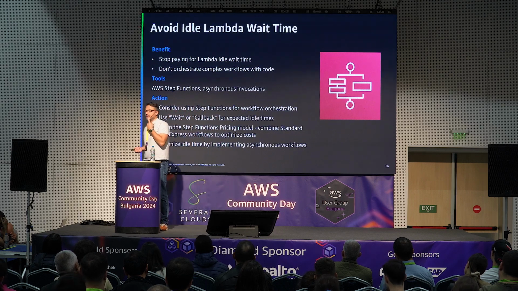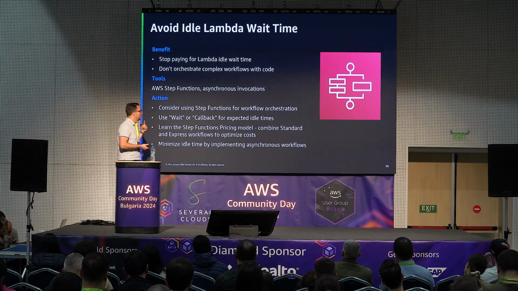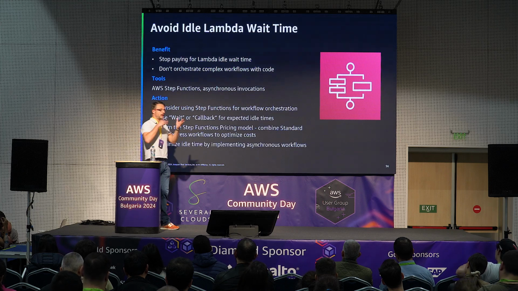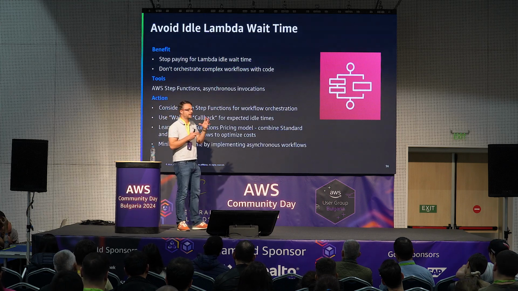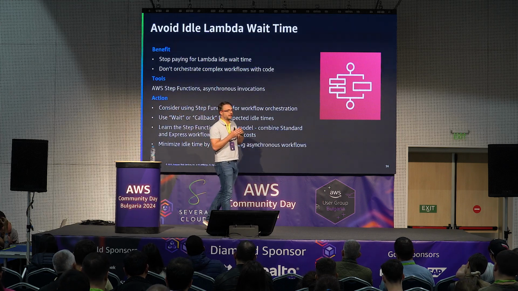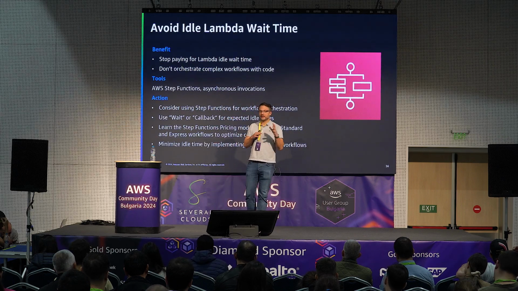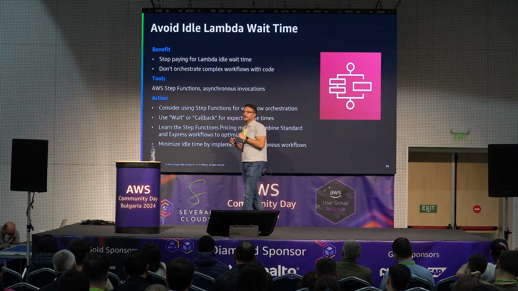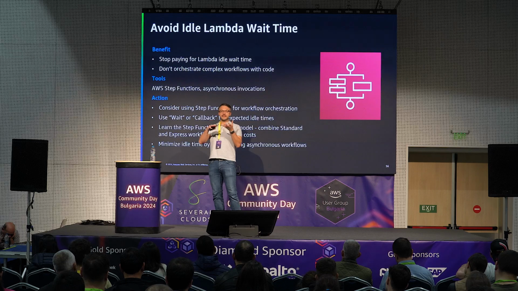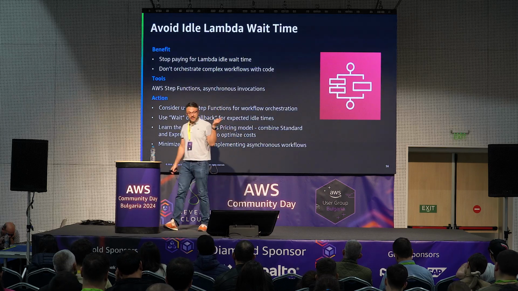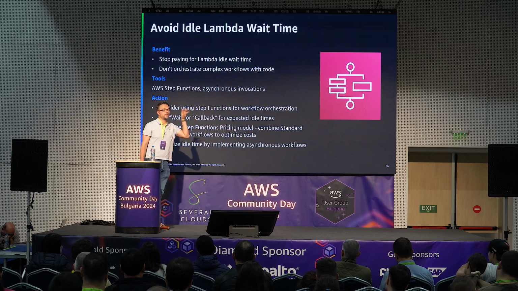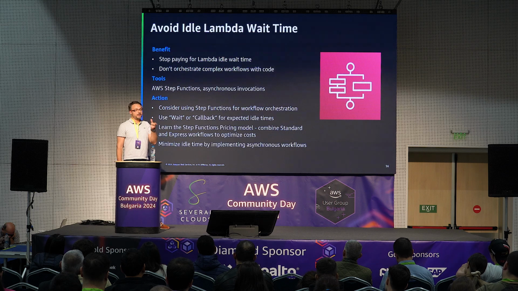Another quite common scenario is that we have our Lambda functions implementing different logic, and this logic may be calling another Lambda function or orchestrating some things. And remember, when you run your Lambda functions, you pay for time.